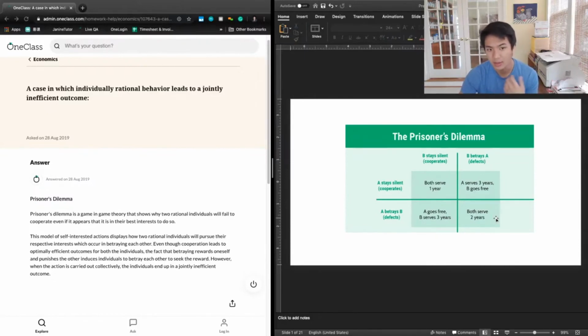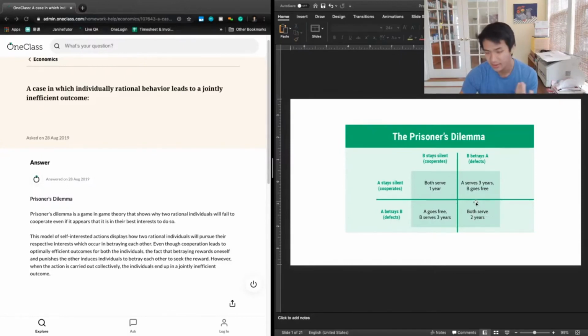That is individually rational behavior. A is not communicating with B in any way, and B is not communicating with A, and they both end up in this Nash equilibrium outcome with both serving 2 years. That individually rational behavior, however, leads to a jointly inefficient outcome, because this is not the best outcome for both people. The best outcome is for them to both serve 1 year, not 2.